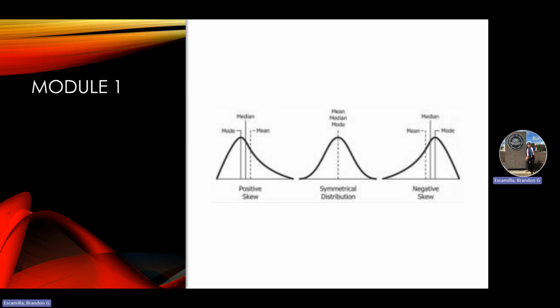If a majority or the median of our data falls below the mean, our data is positively skewed, as seen in the image on your screen here on the left. If the majority or the median of the data falls above the mean, then our data will be negatively skewed and take the shape of this one, the negatively skewed data. If the mean, median, and mode are the same in our data set, then our data is symmetrical, which is described by the normal distribution.